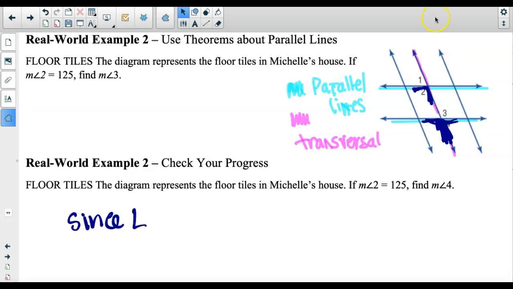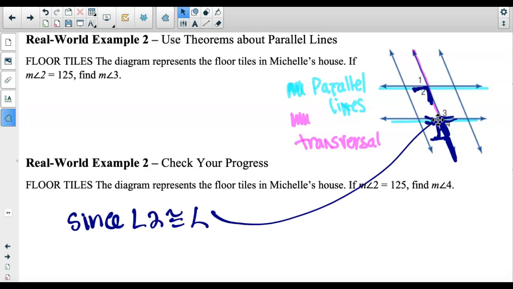So since angle 2 is congruent to that angle, then that measure, if it was 125 plus the other one, has to equal 180. So when you do that subtraction, you're going to figure out that it ends up being 55 degrees.